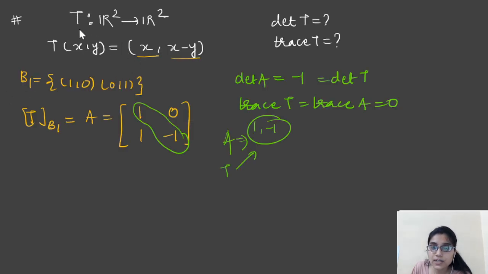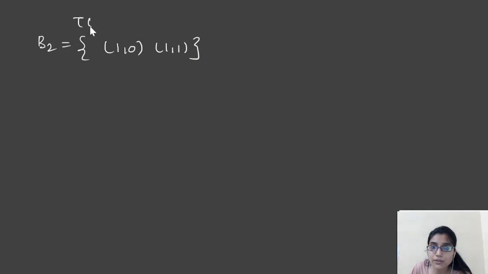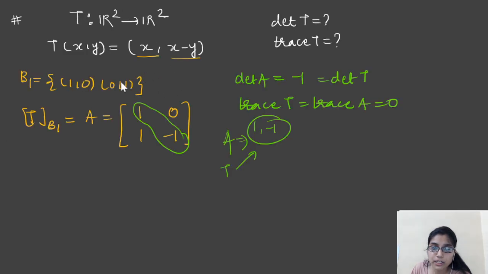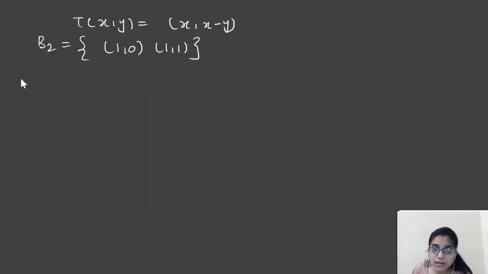considering another basis B2, which is (1,0) and (1,1), okay, and then here we are using the same linear transformation T of (x,y) as (x, x-y), okay. Let's do it with the help of another basis also. So just simply write down one member in general in terms of linear combination of basis members.